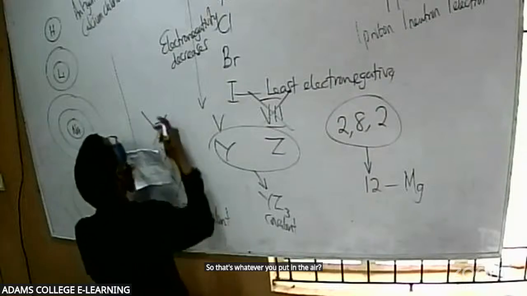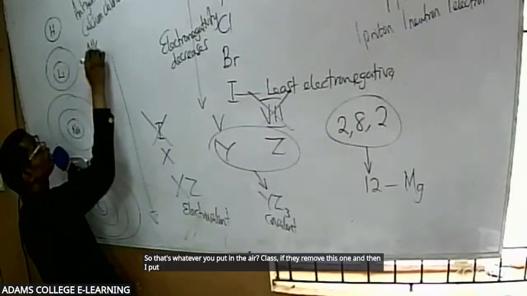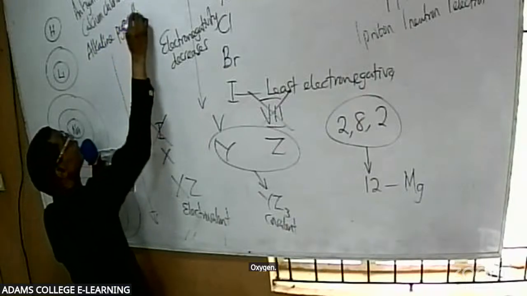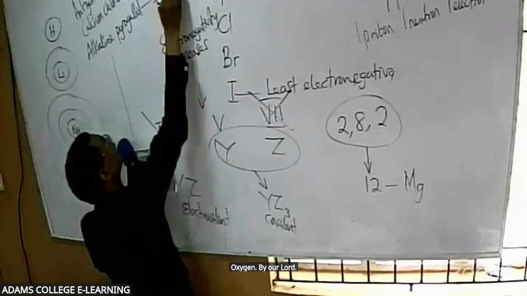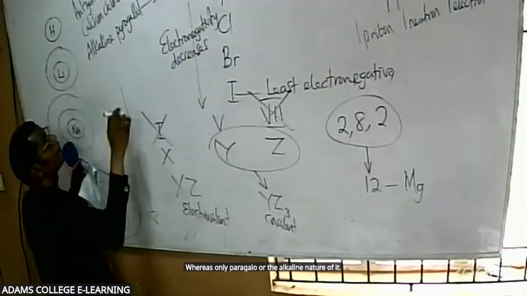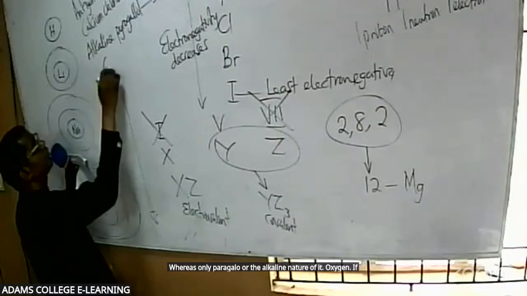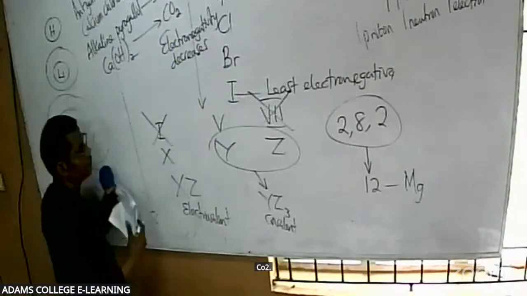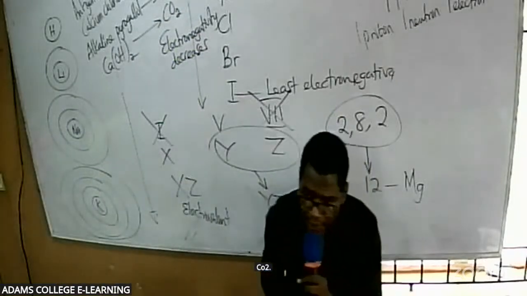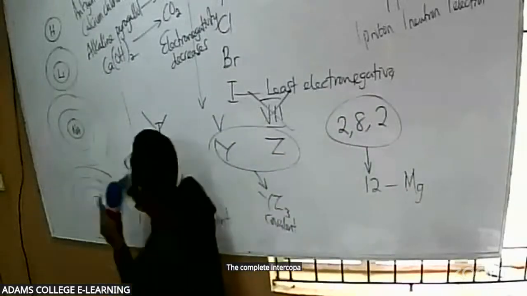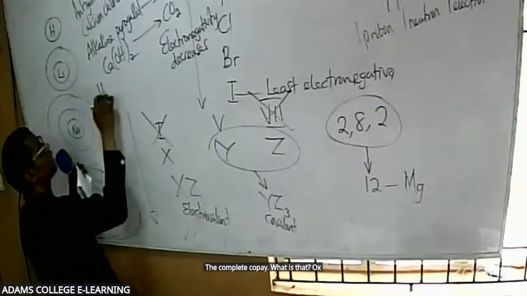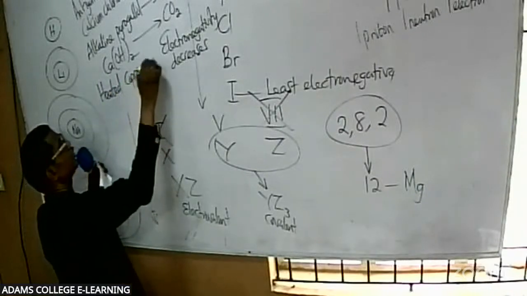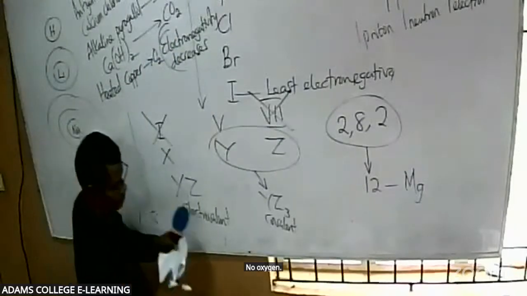Class, if they remove this one and then put alkaline pyrogallol, it absorbs oxygen. If they now put calcium hydroxide inside there, what are they trying to absorb? CO2. What about heated copper inside that place? Oxygen.